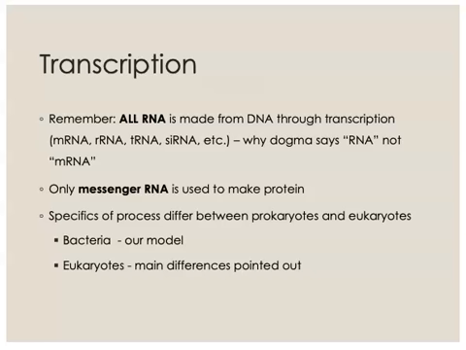Now, another thing to remember about transcription is this. All RNA is made from DNA through the process called transcription. We're going to be talking about messenger RNA today. We're going to be talking about the RNA that is made to create a protein. But there are other types of RNA, remember.